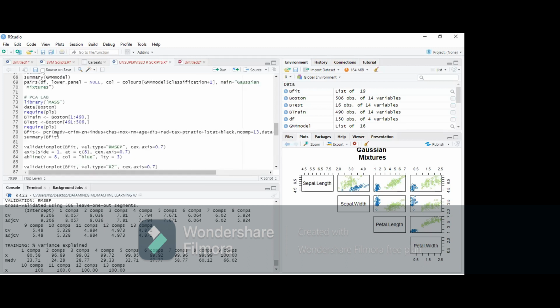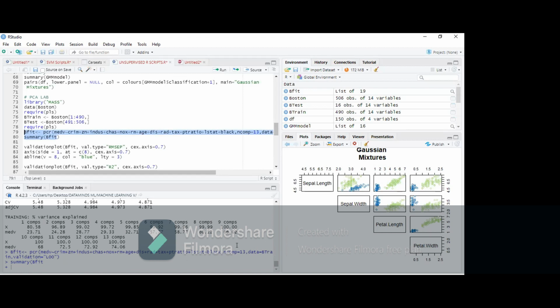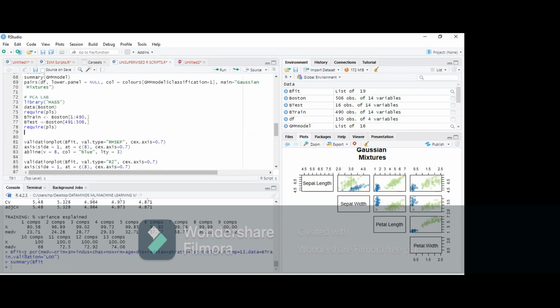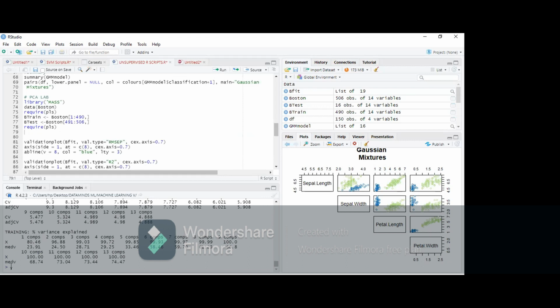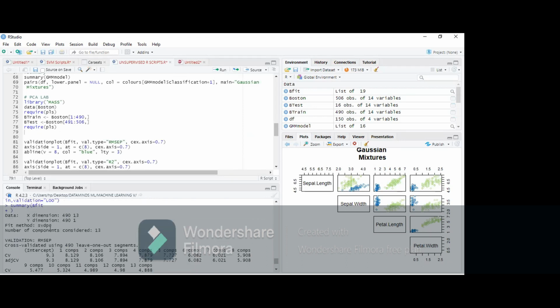B-train now will give us something different. Okay, now looking at this, it's 490 by 13, meaning I've used 490 to train.